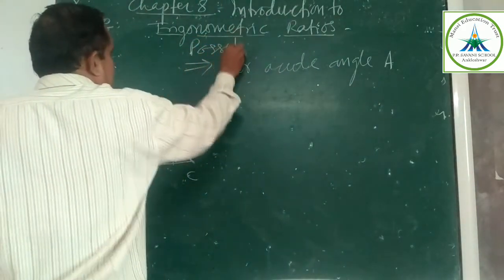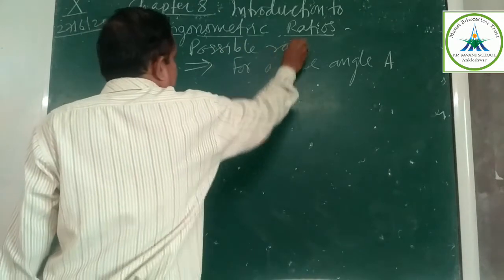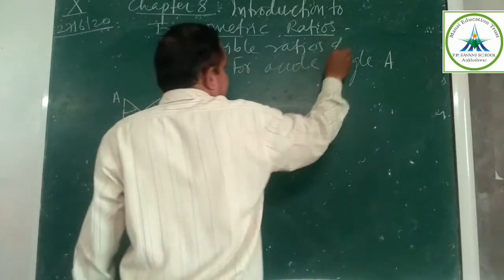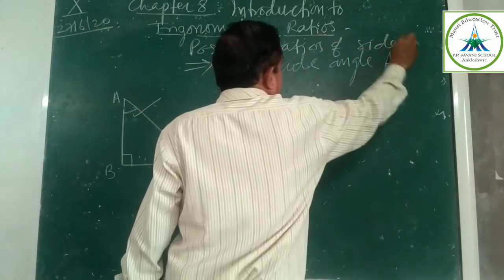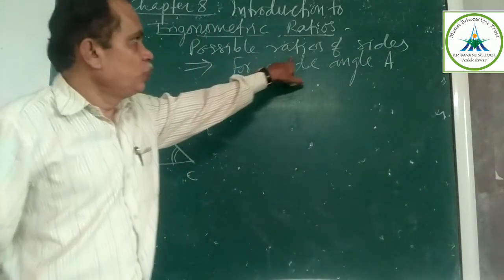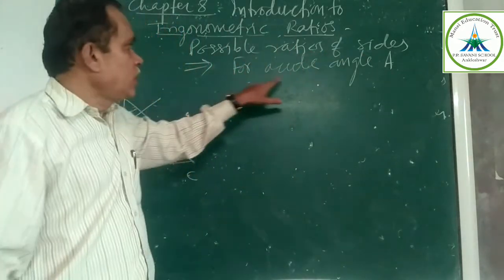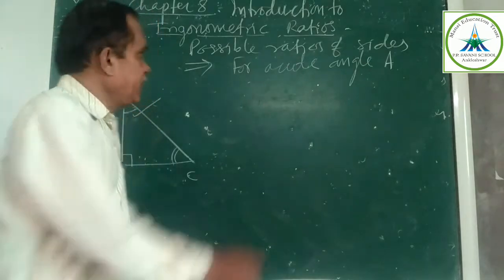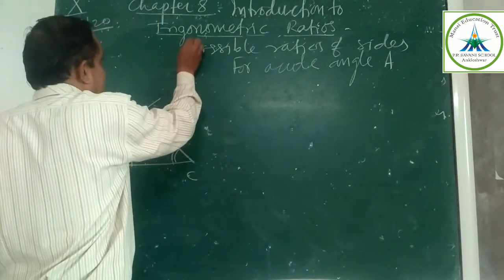We can write possible ratios of sides for acute angle A. Yes students, now I am making this one.